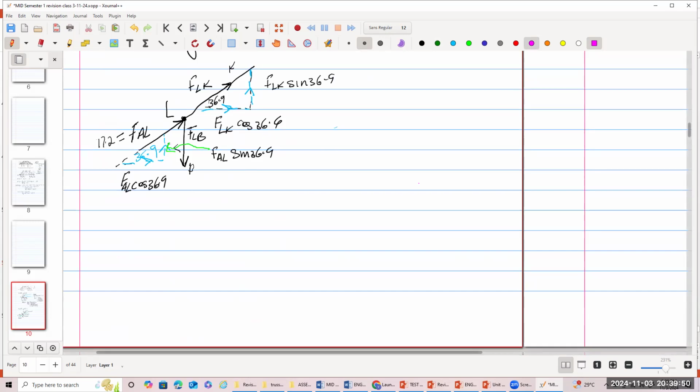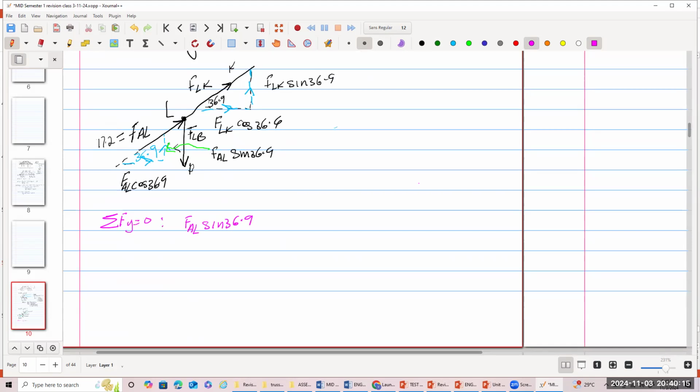Any one of them, let me see which one is advantageous. I'm going to write the Y again, see if it gives me anything. So the Y would be F_AL sine 36.9.